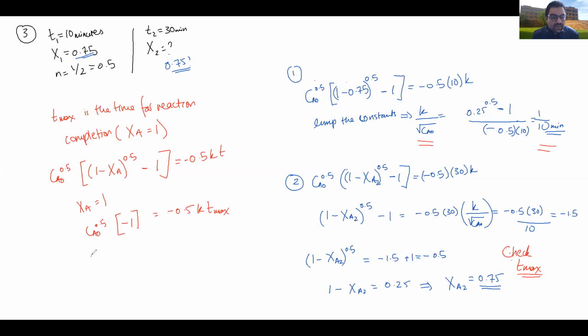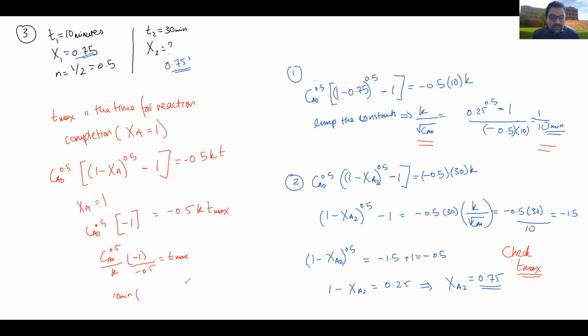So basically, if I just do the algebra here, CA naught^0.5 divided by K times minus 1 divided by minus 0.5 will be equal to Tmax. And CA naught^0.5 divided by K will be basically 10 minutes.